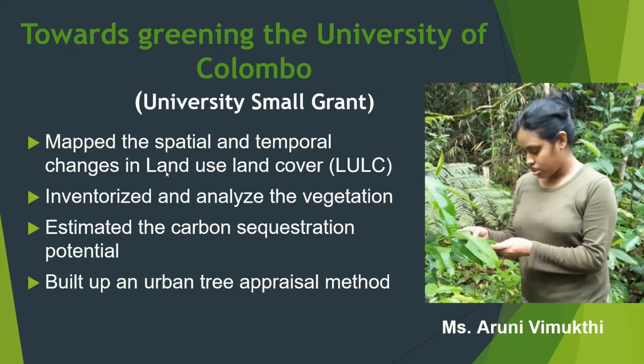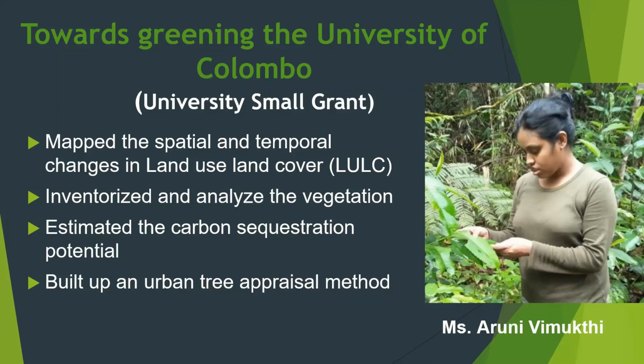So under this, we were looking at these four key activities that we incorporated here. The mapping of the land use and land cover changes within the university, and then inventorizing the trees present within the university premises and analyzing certain vegetation aspects.